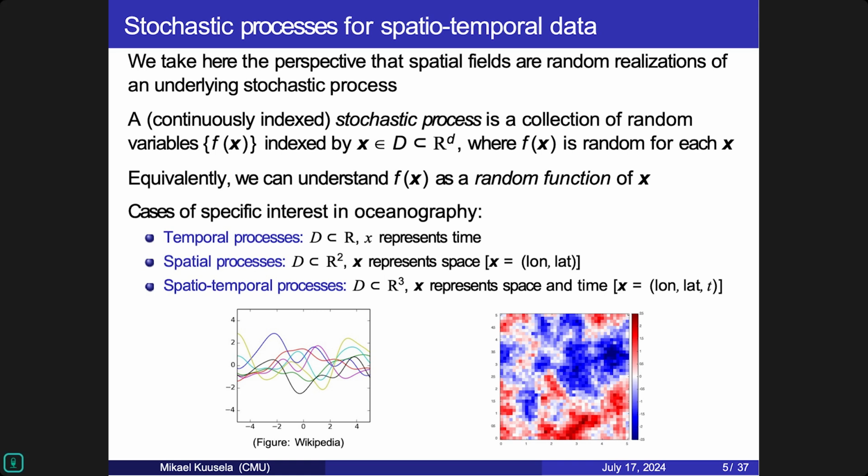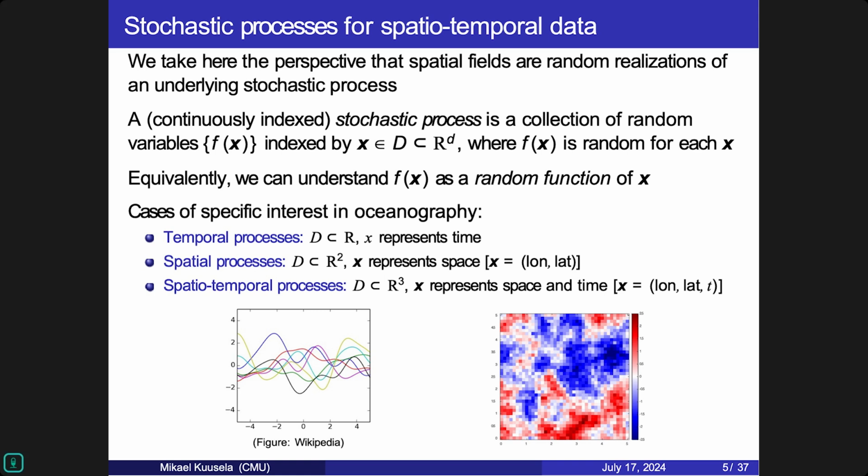But specifically the first three dimensions are relevant for oceanographic data in particular. If the input domain is a subset of the real line, then we often think of this x as being time.